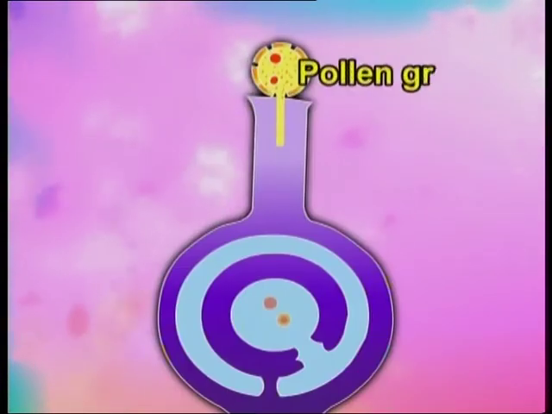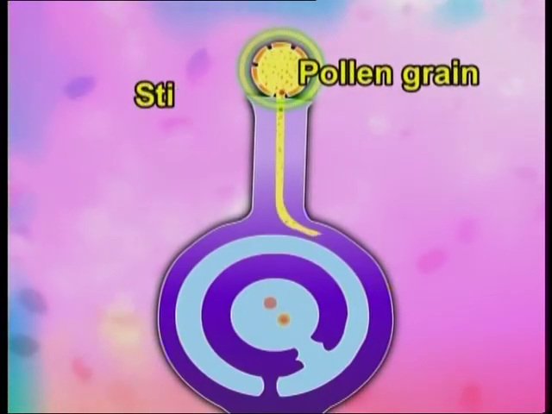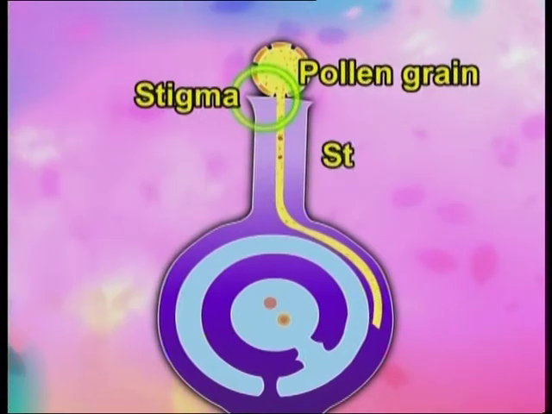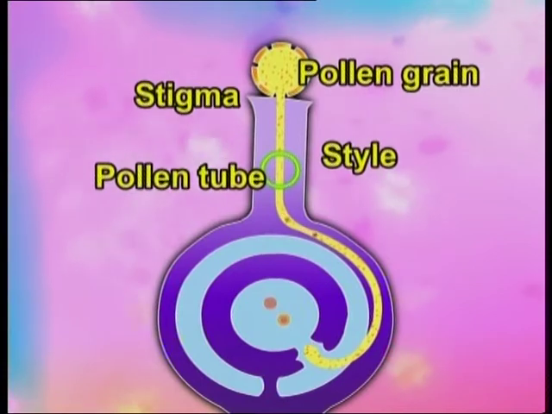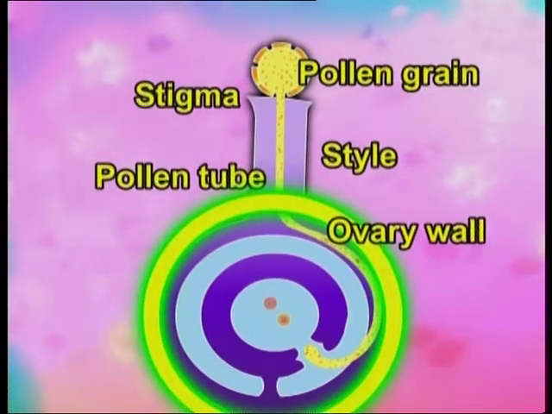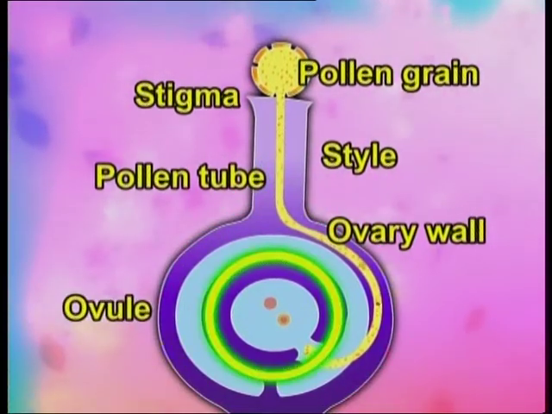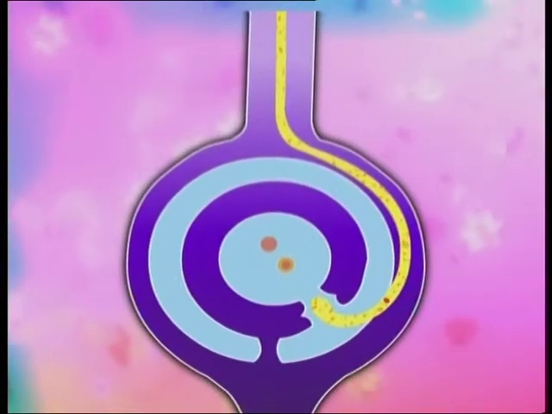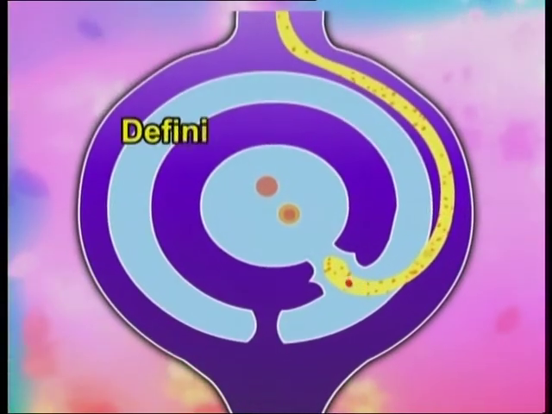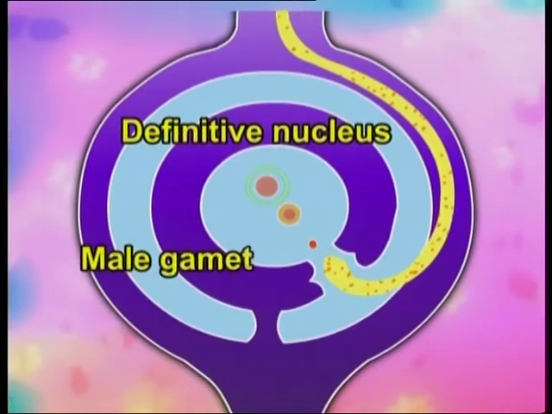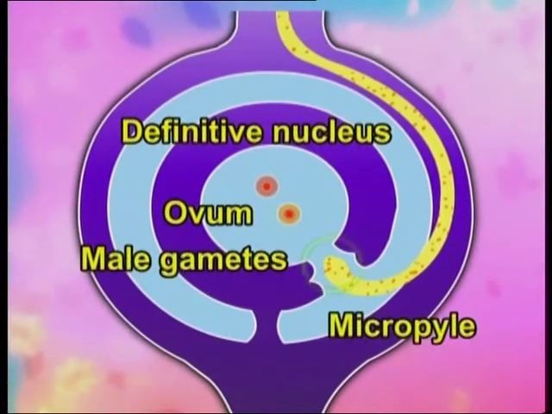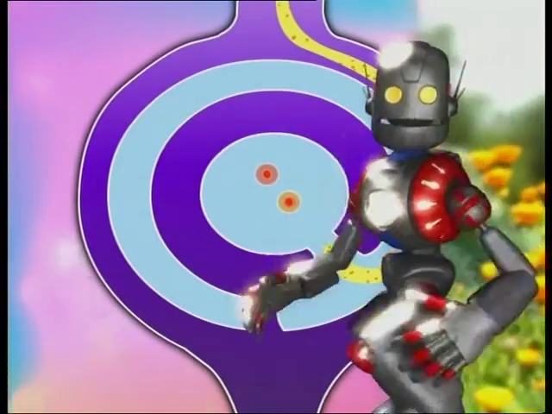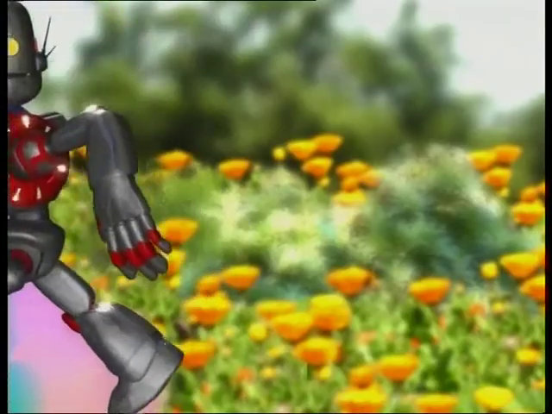Fertilization in flowers occurs in the ovary of the pistil when one of the male gametes fuses with the ovum to form the zygote. Then the zygote will develop into the embryo of the seed. The other male gamete will fuse with the definitive nucleus to form the endosperm nucleus, which will then divide to form the endosperm.